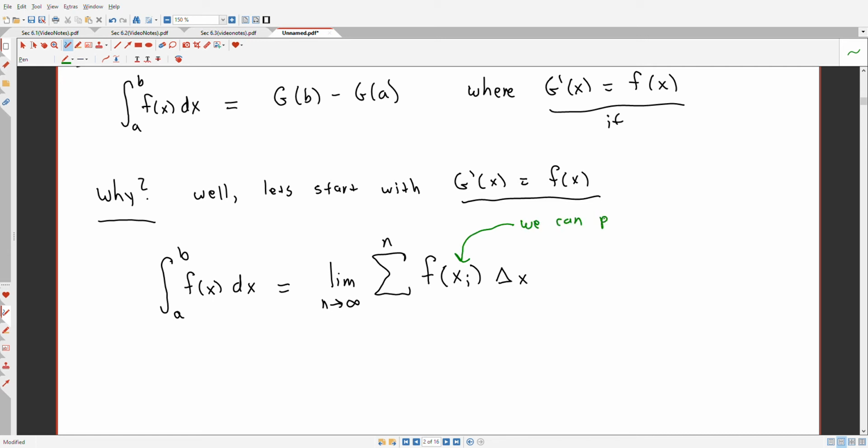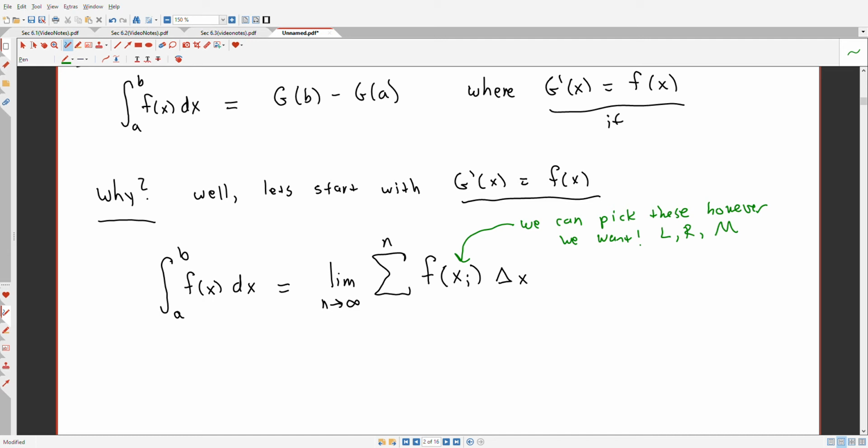We can pick these however we want. Now, we showed you in 6.1 three popular choices. We could pick left endpoints, right endpoints, or midpoints. Those were really common. Here's what I'm going to do, though.